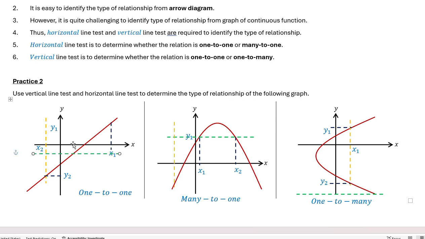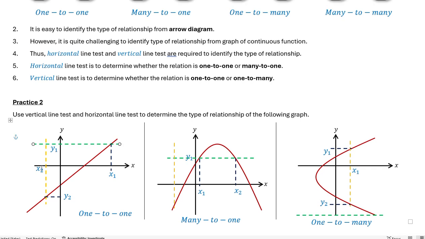So from the horizontal line test, we did not discover that the relation is many to 1, only 1 to 1. And again, remember, the horizontal line test is to determine whether the relation is 1 to 1 or many to 1 or both.